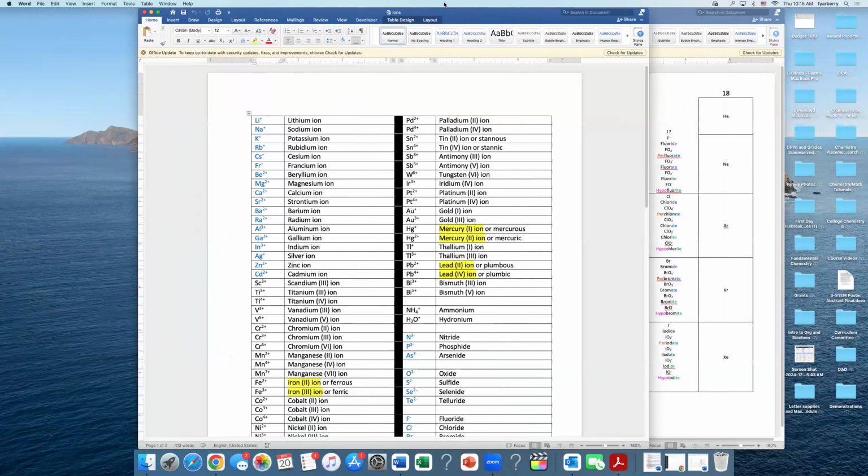And it is simply called ions. Now, do you need to memorize all of these ions? The answer is no.